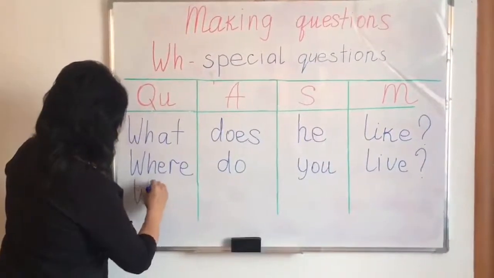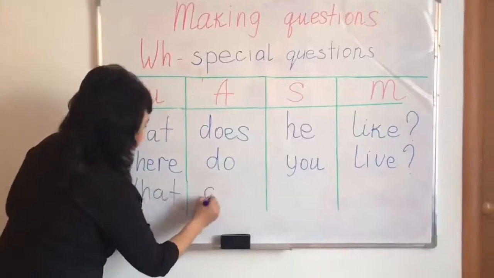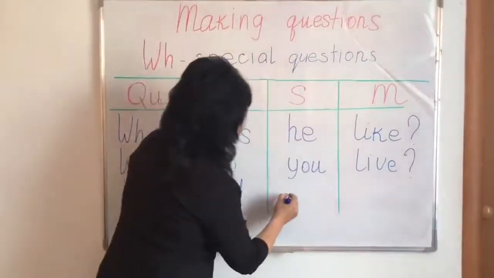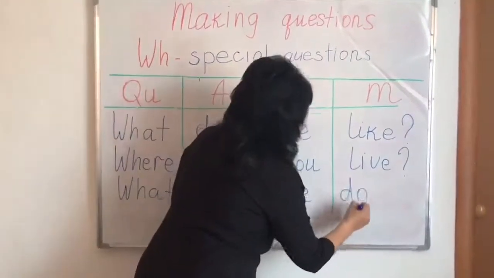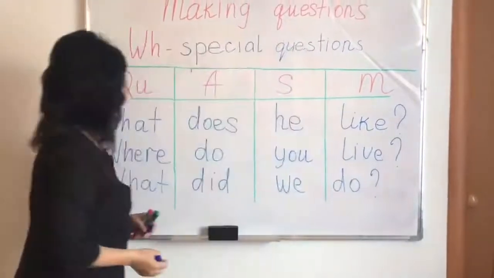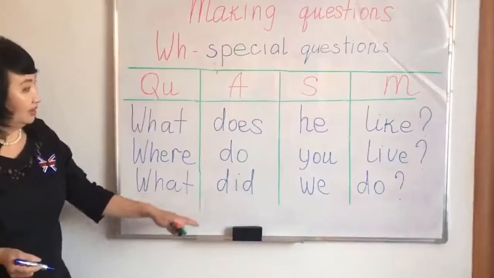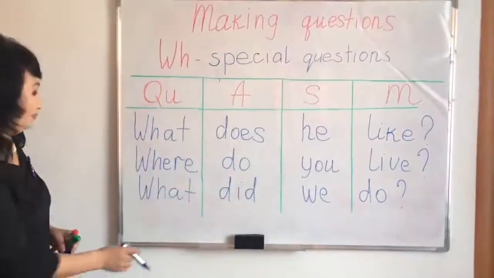Let's look at past simple. What did we do yesterday, for example? There is the auxiliary verb did, the subject we, and the main verb do.